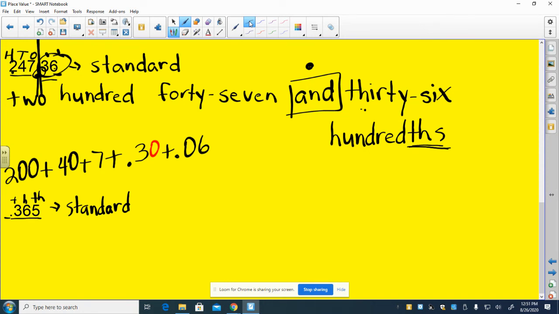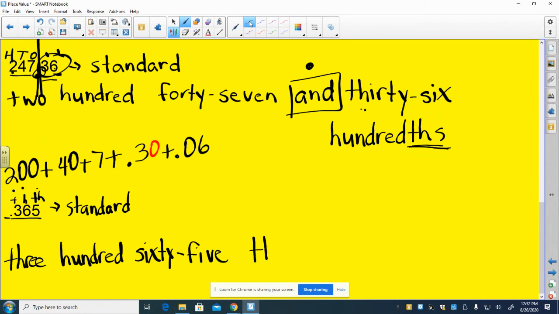So I'm going to look, that number is 365, so that's how I'll write it. 365, and then I need to know those streets, tenths, hundredths, thousandths. 365 thousandths.